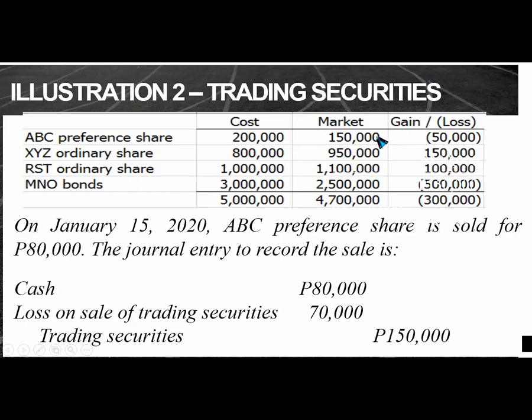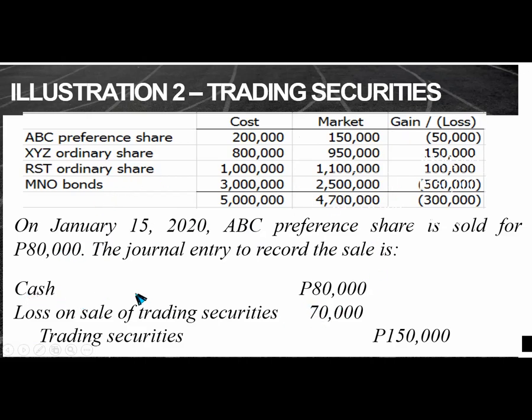So, ito na yung balance na meron tayo as of January 15, 2020. Pagdating ng January 15, ang ating record ay 150 na yung preference share natin sa ABC. So, since nabenta lang siya at 80,000, ibig sabihin nalugi tayo ng 70,000.